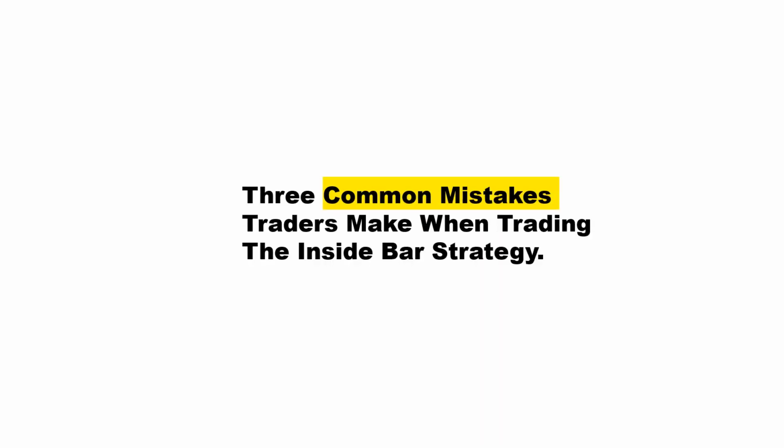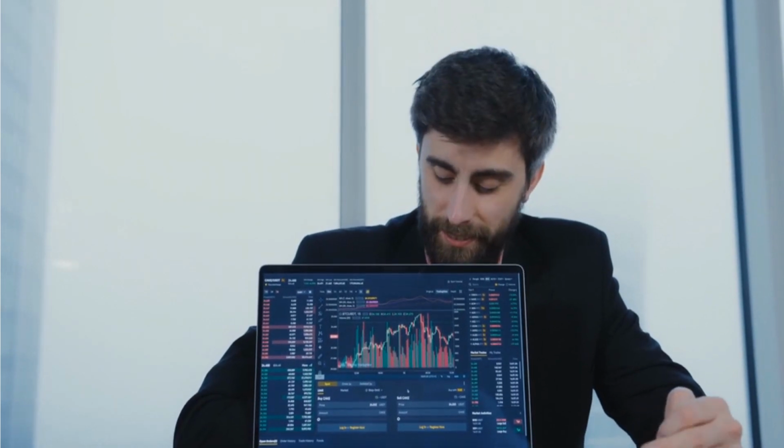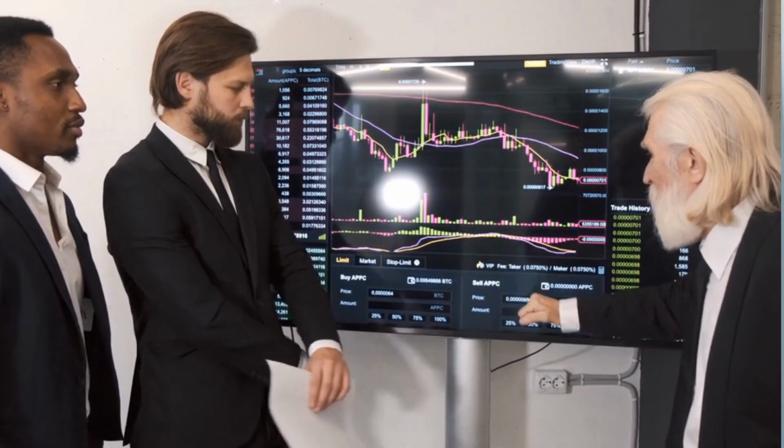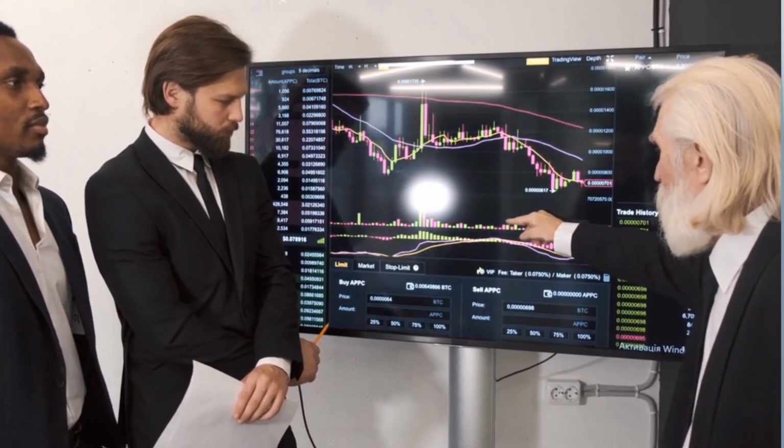3 common mistakes traders make when trading the inside bar strategy. If you know how to trade inside bar patterns effectively, it may be a very significant price action signal. Unfortunately, a lot of traders lack the knowledge necessary to trade it effectively, and as a result, they repeatedly lose money and lose patience with inside bars.